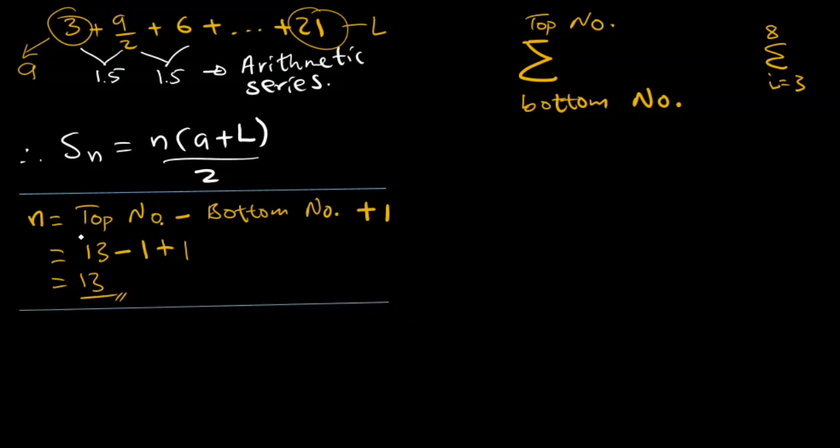So let's go ahead and continue from there. Now, I have calculated the value of n. Therefore, I know that n is equal to 13. So the value of n is 13 into a. a is 3, plus, I know the value of l.